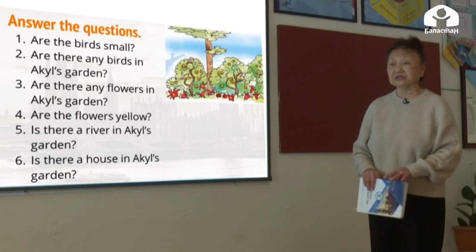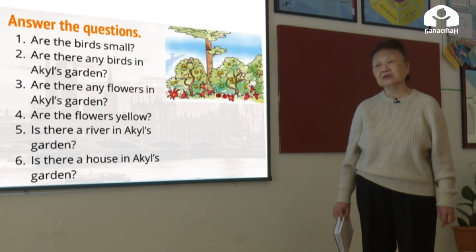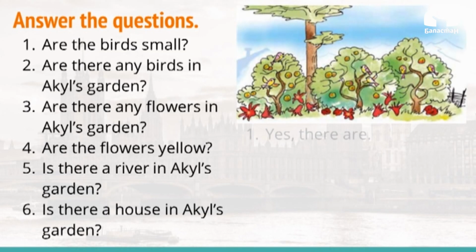Answer the questions, boys and girls. I think you understood how Akıl described his garden. Let's remember. Are the birds small? Of course, Akıl will answer, yes, there are. Are there any birds in Akıl's garden? Yes, there are. Are there any flowers in Akıl's garden?